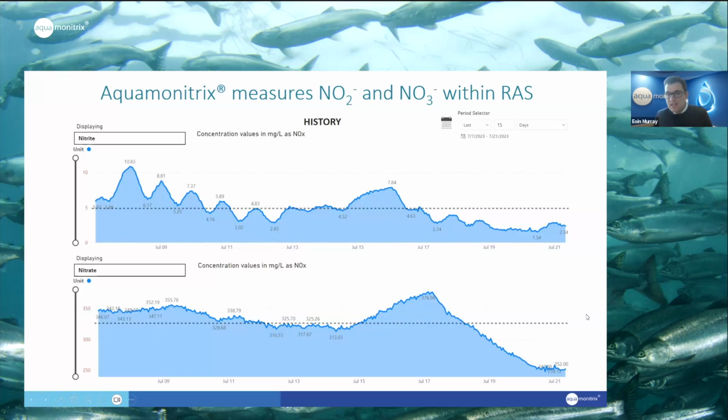It's early phases in their reduction of water design and so on, but by having this real-time data, they have the potential to do that. You can see here a dilution event based on the high levels of nitrite and nitrate. They were able to take action and dilute. So having that real-time data is a big asset.